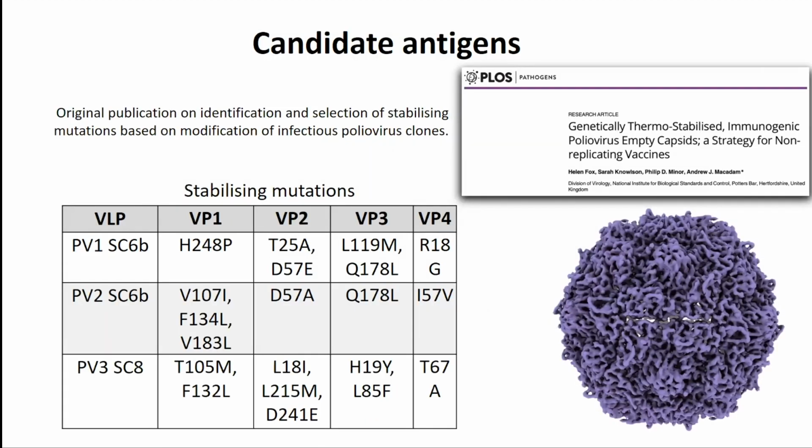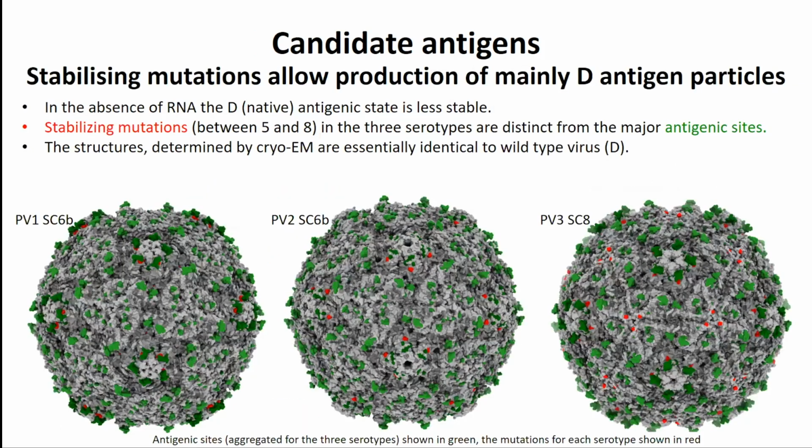And this summarizes the number of mutations that have been introduced into the structural proteins VP1, VP2, and VP3 to give these mutant complexes. The particles produced with these mutations in them, we've solved all of those by cryo-EM, and they are essentially indistinguishable from the virion in terms of their external appearance and structure.